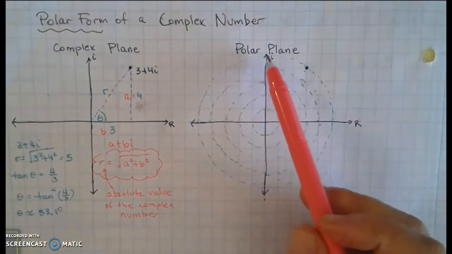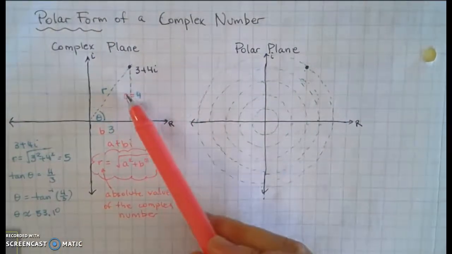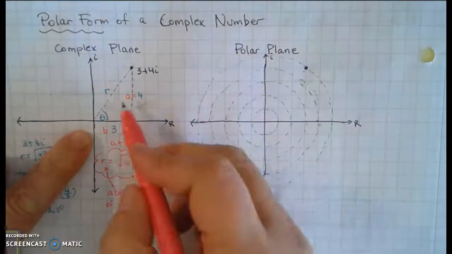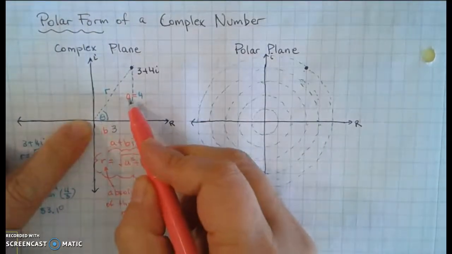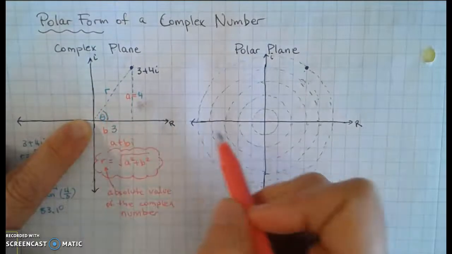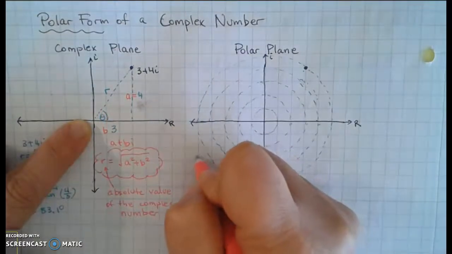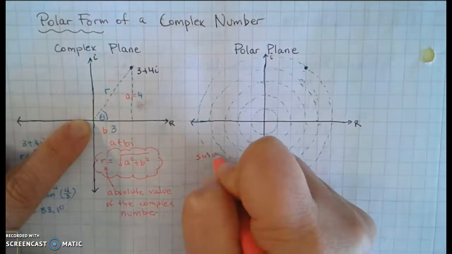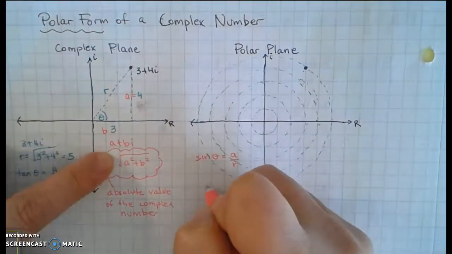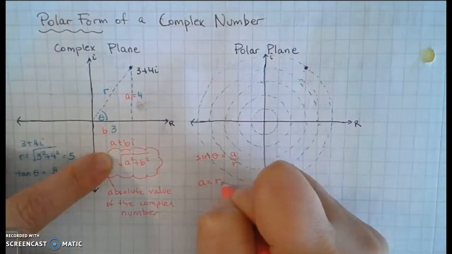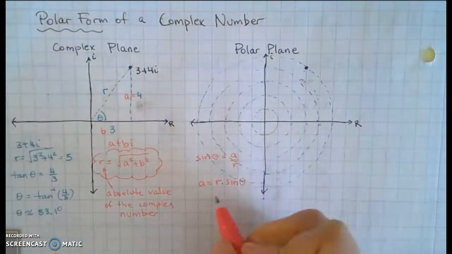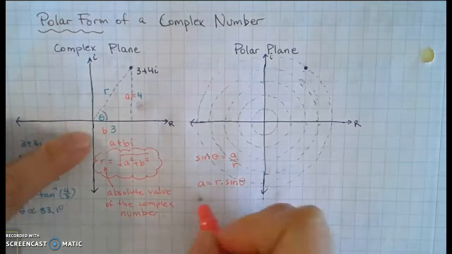To consider the polar plane, we just need to consider what a represents and what b represents. We know that a over the radius r is going to be sine of theta. So sine of theta is equal to a over r, or we can represent that as a equals r times sine of theta. Similarly, we can do the same thing with b.